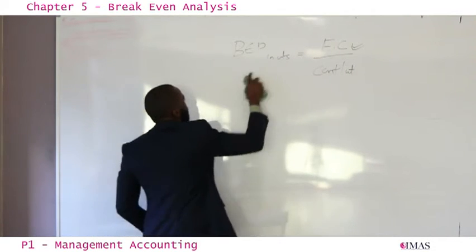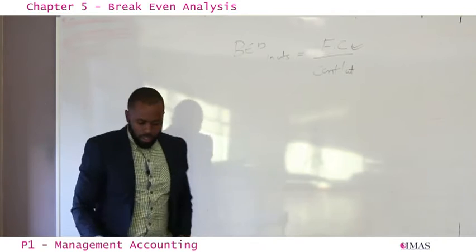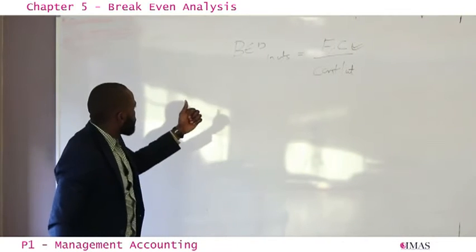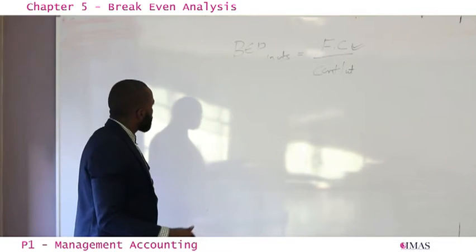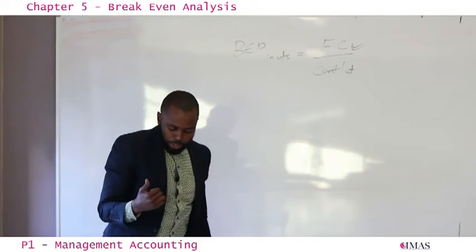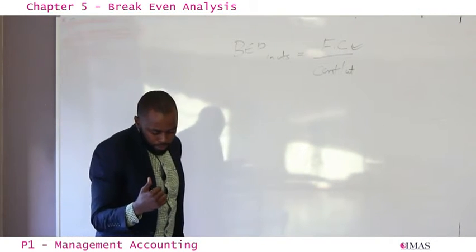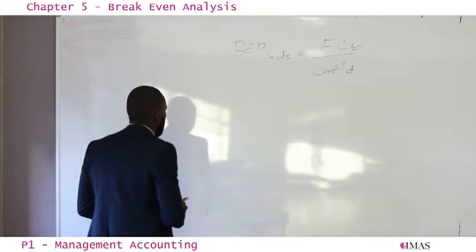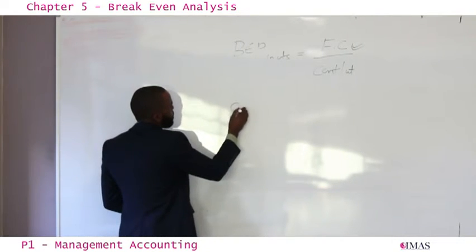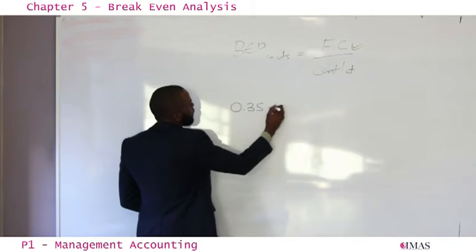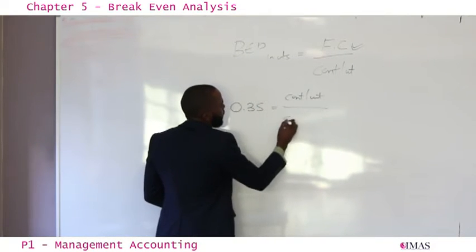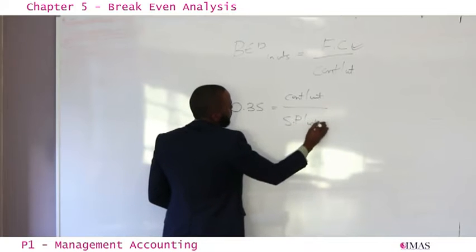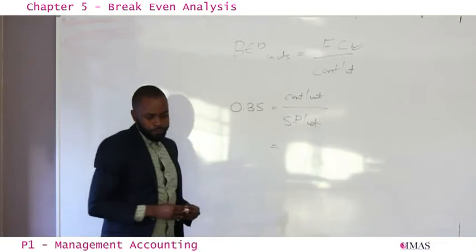So here I'm going to choose to use this formula. To say break-even point in units is fixed cost divided by contribution per unit. So in this question I do not have contribution per unit. But because I'm given the budget contribution to sales ratio, the budget contribution to sales ratio is 0.35. To get it, it's contribution per unit divided by selling price per unit.